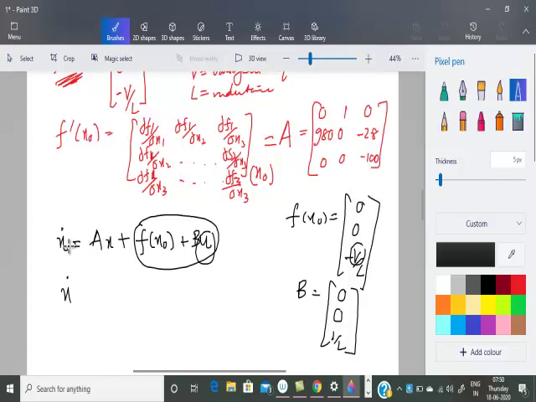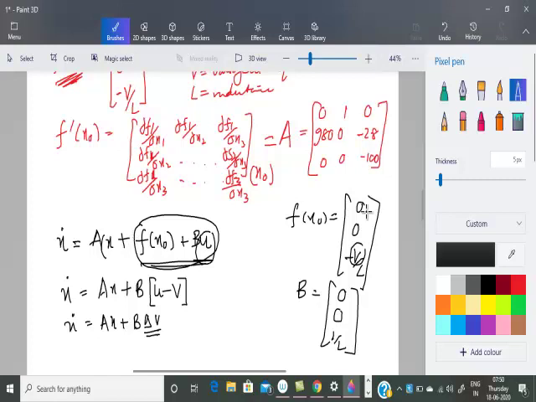So you can combine these two matrices and write this as x dot is equal to Ax plus b into u minus v. You can write this as b into delta v, where delta v is the deviation from the equilibrium voltage, and this x, sorry, I had to write x minus x0, right?